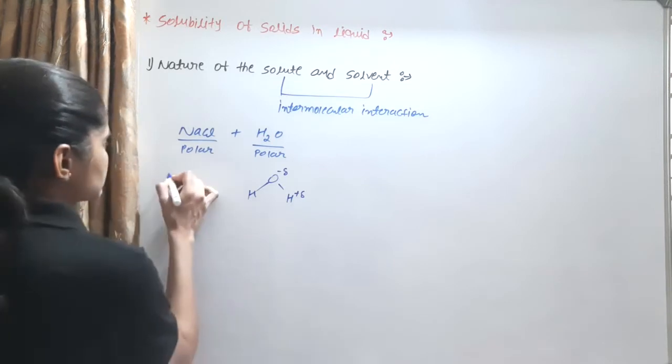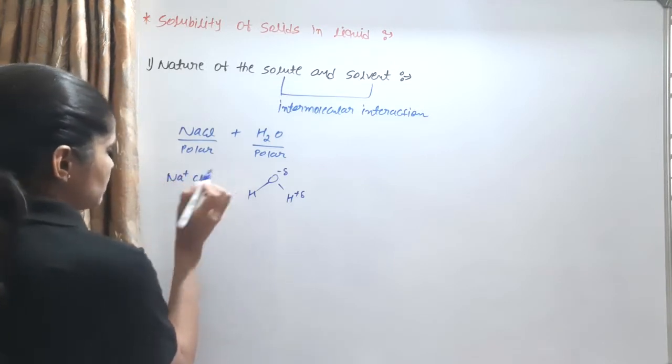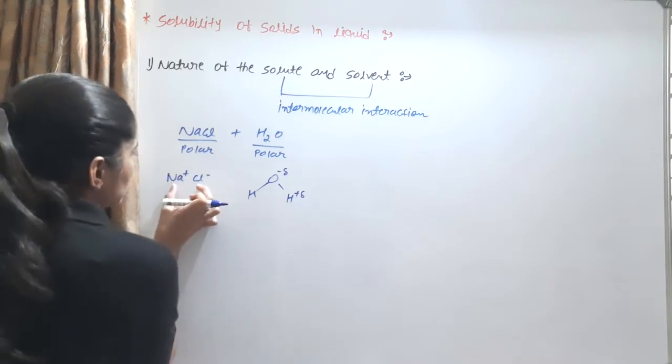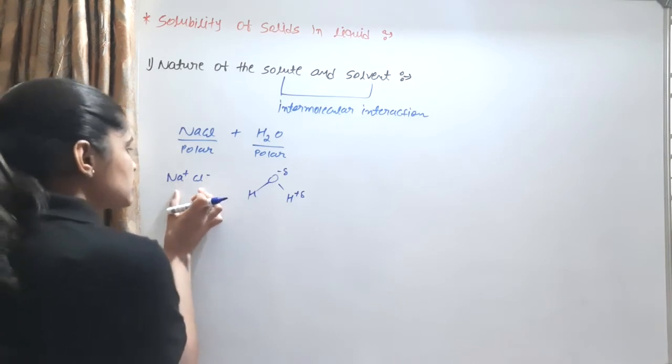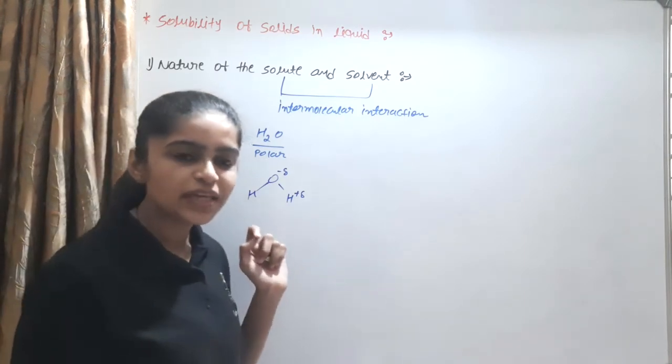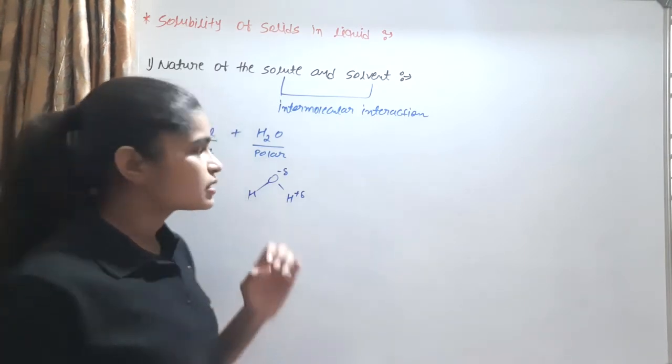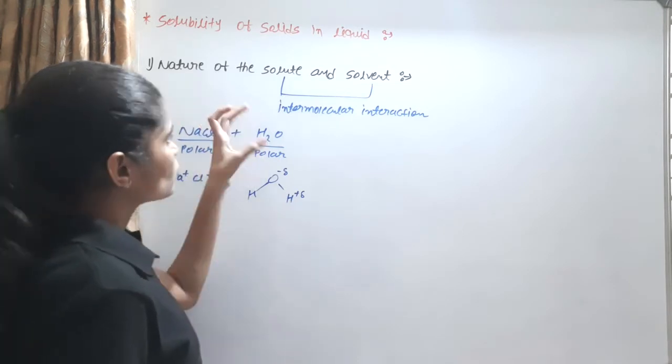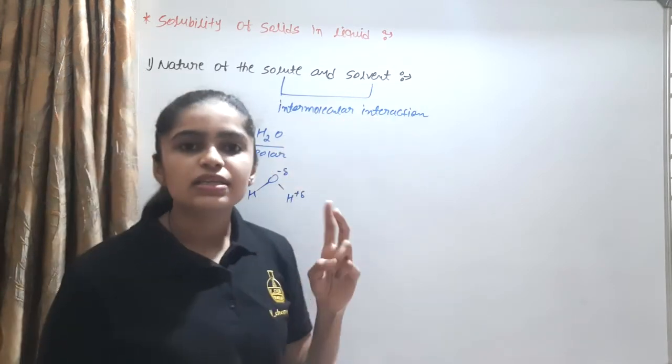Next, this is NaCl, so Na plus and Cl minus. Between the Na plus and Cl minus, an electronegativity difference is present. This is polar. That means the NaCl and H2O intermolecular interaction is the same. So NaCl dissolves into water.